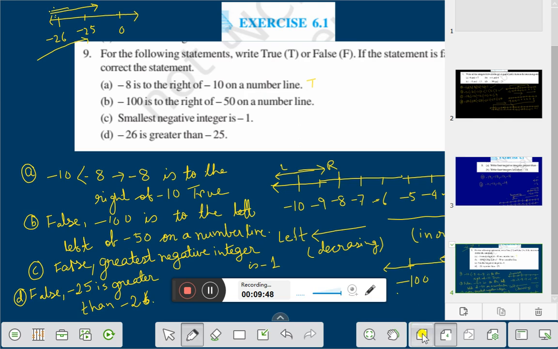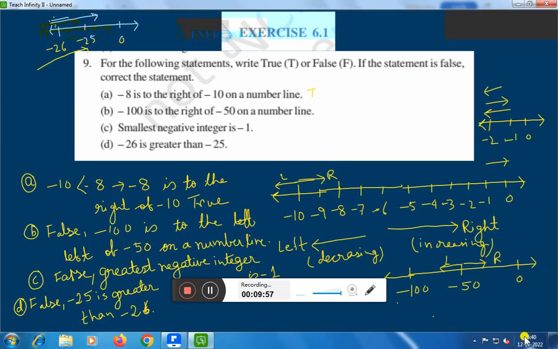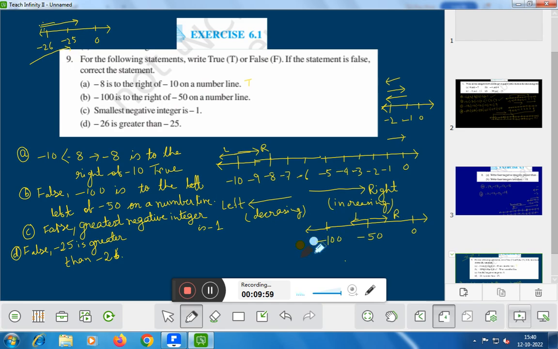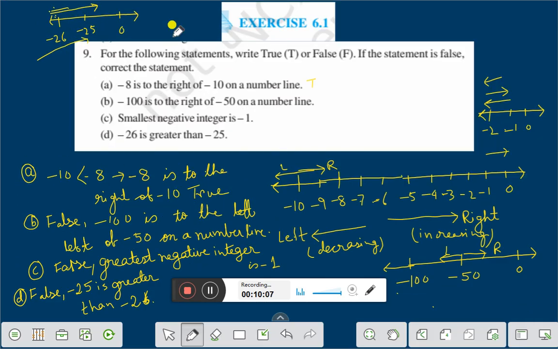Let's see this one. Right? For the following statements, write true or false.